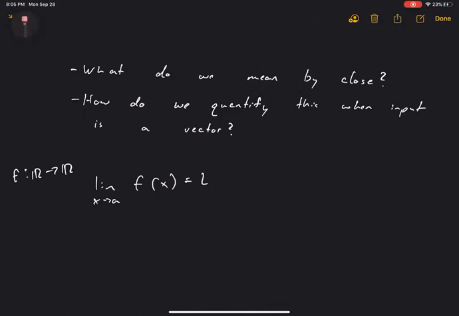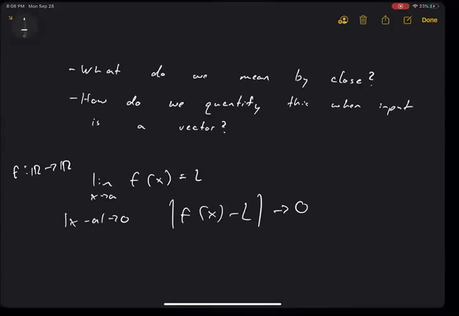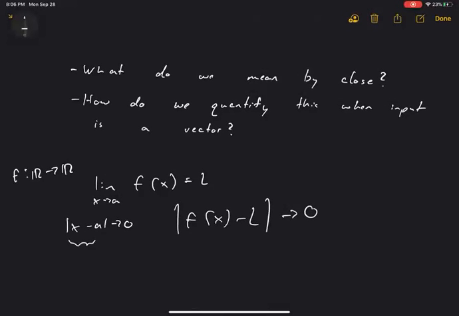And then what do we mean when we say the limit of f of x is equal to L? That means as x minus A goes to 0, f of x minus L goes to 0. So if the distance between x and A is going to 0, the distance between f of x and L is going to 0.